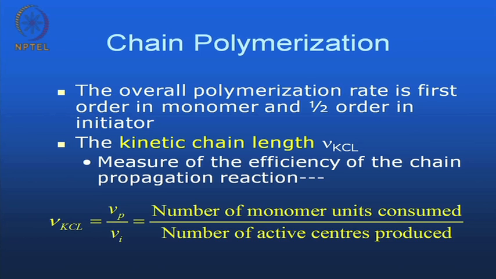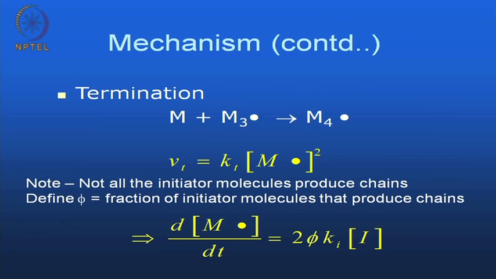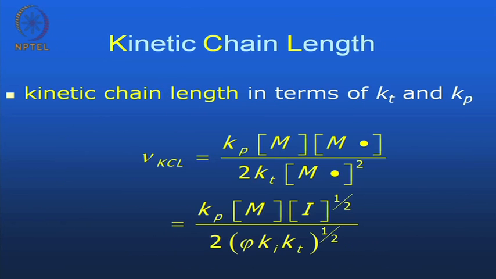For chain polymerization, we talked about kinetic chain length, a little about the mechanism, and how the kinetic chain length can be calculated. Finally, we came to the conclusion that the overall rate, that is, the kinetic chain length, is first order in monomer concentration and half order in initiator concentration.